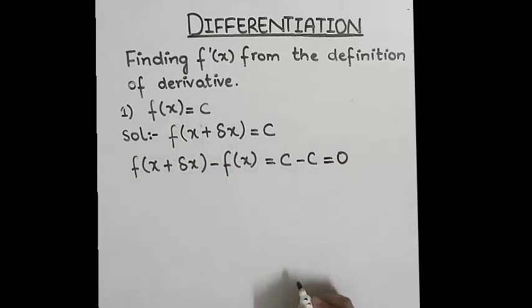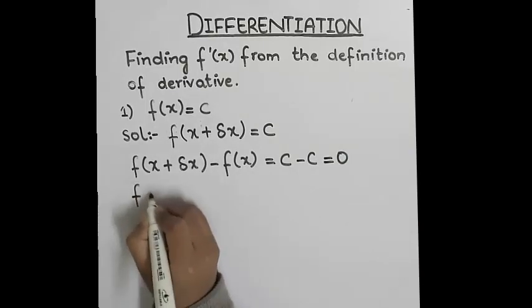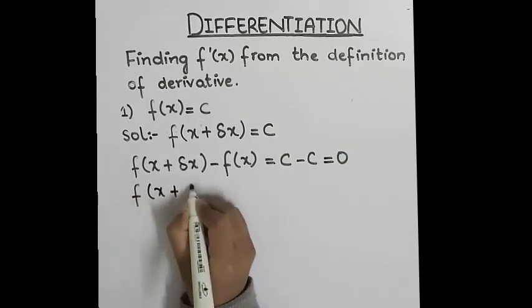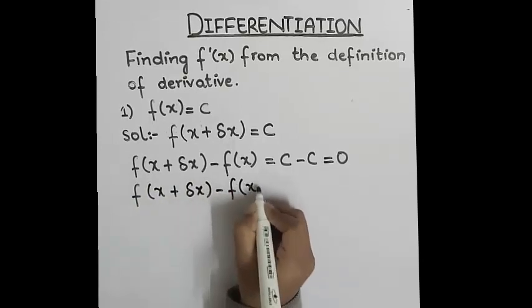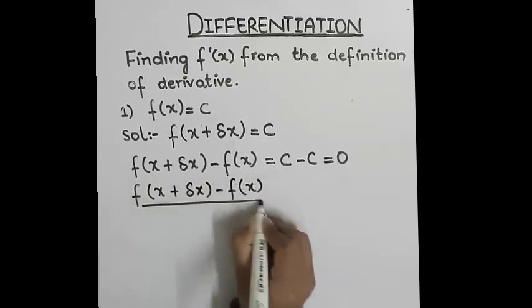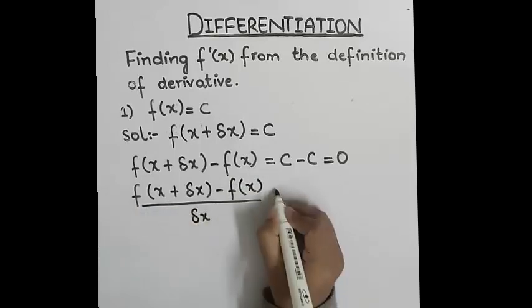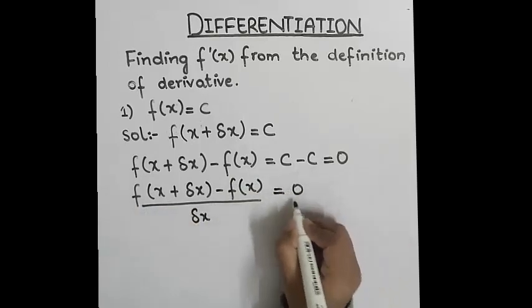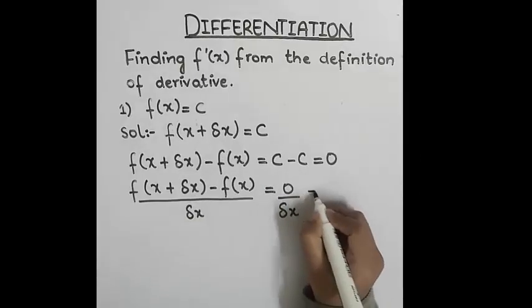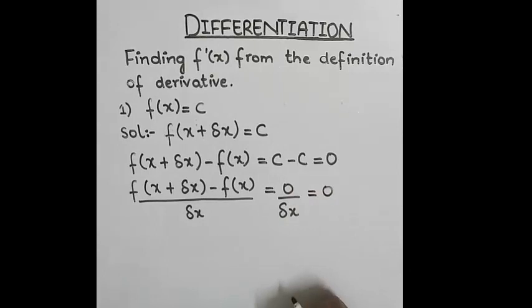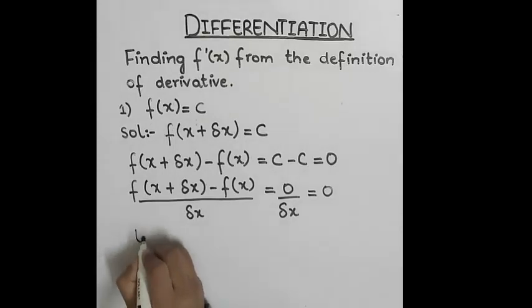Step 3 says divide this term, f(x + Δx) − f(x), by Δx. So 0 over something is equal to 0. The third step is solved. Now the last step is to take the limit.